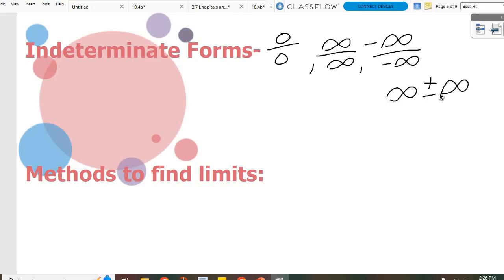Now, what are some of the methods that we've talked about up until this point besides direct substitution? If direct substitution fails, what were some of the methods we used to find limits? We would multiply by 1 over a variable of the highest degree.